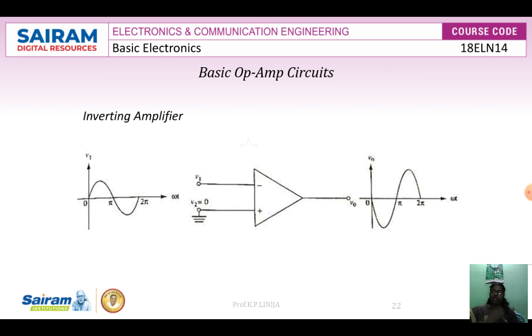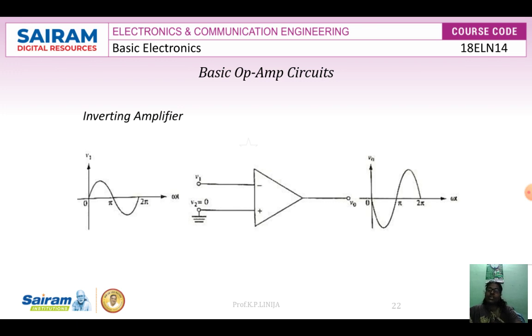V1 is a sinusoidal wave, with a positive half cycle from 0 to pi and a negative half cycle from pi to 2 pi. Now we are giving this input to the inverting terminal. From the observation of the output, we come to know that a phase shift has taken place, that is a 180-degree phase shift.